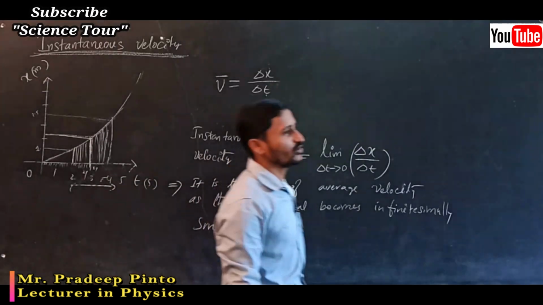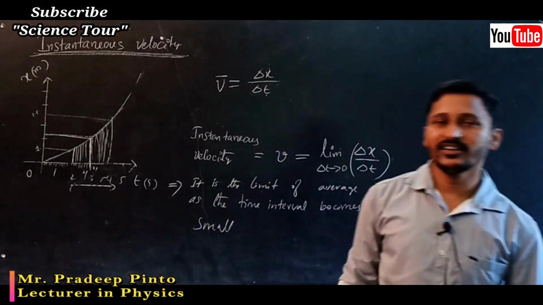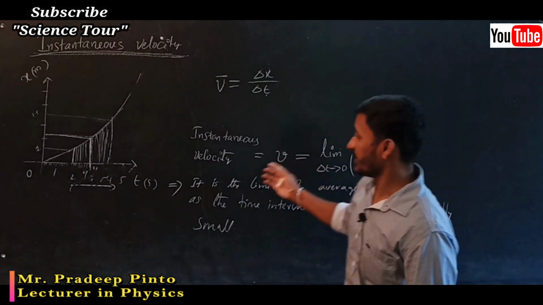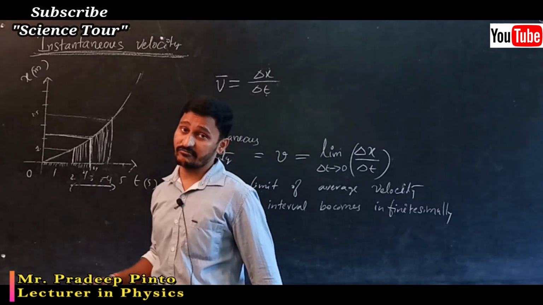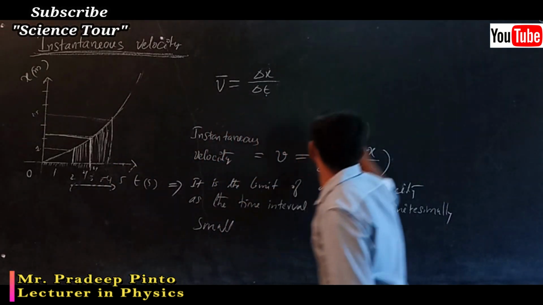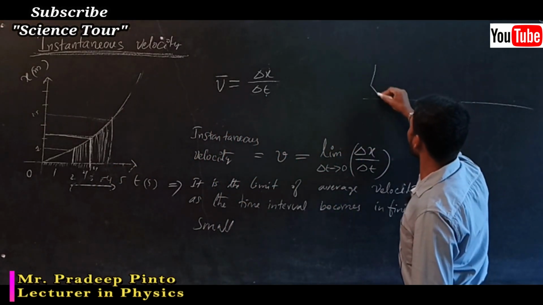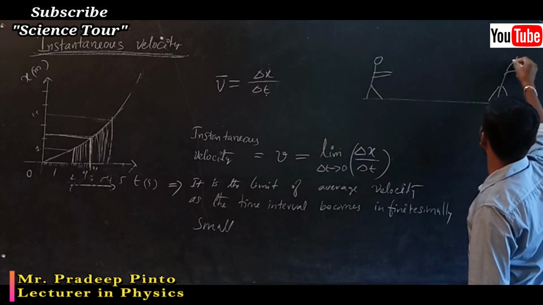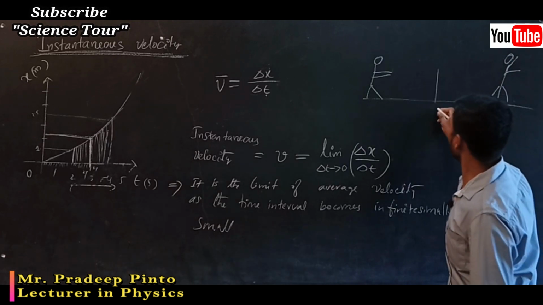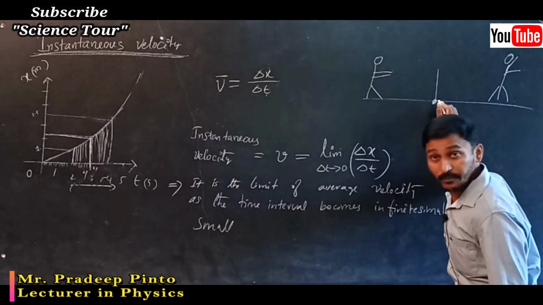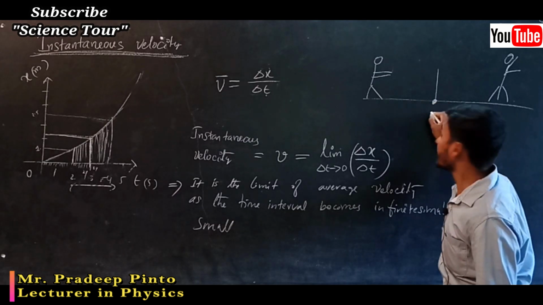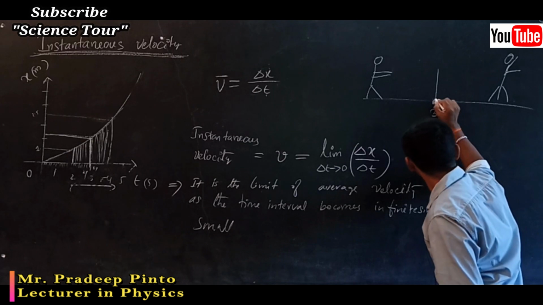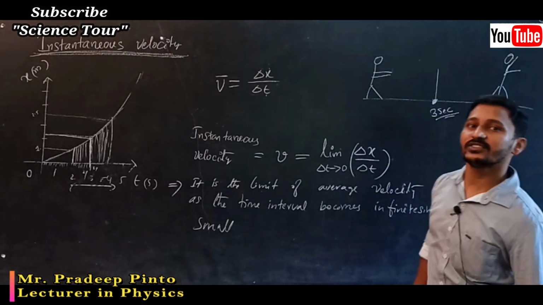I can ask you, if I want to find out the velocity from 1 to 5 seconds, you can find out. Particularly, you were running and you were reaching this point, and when you reach this particular position, that time it was 3 seconds. I am asking, at that particular point, what is the velocity?